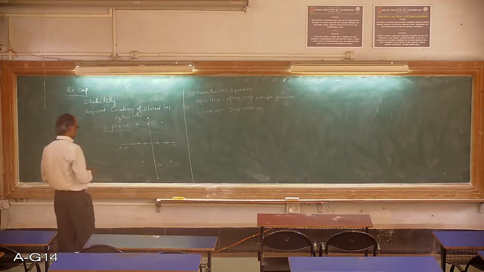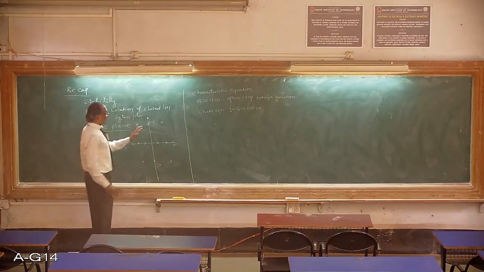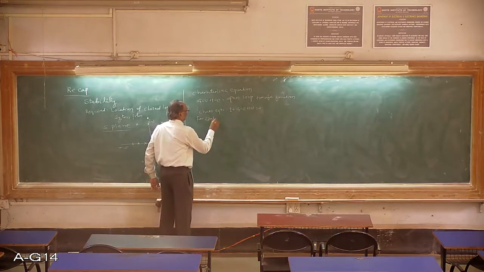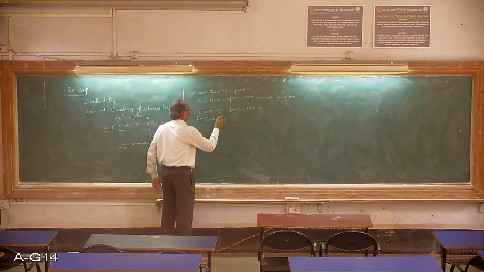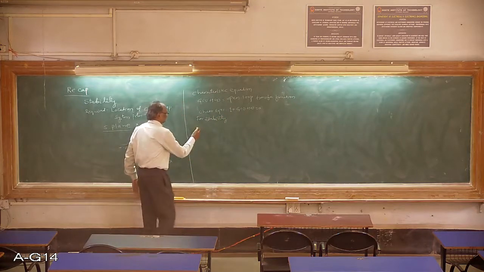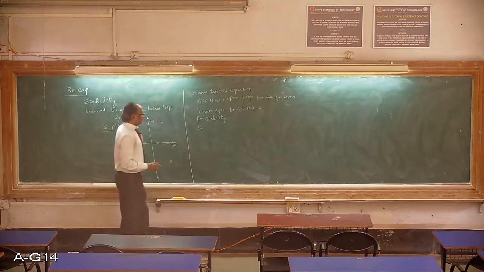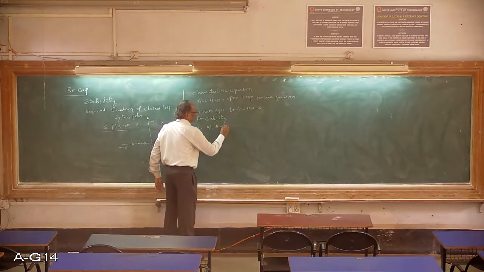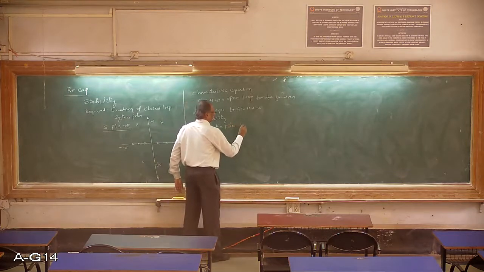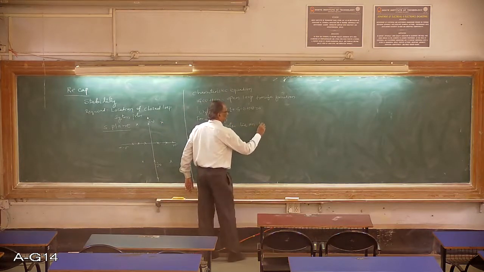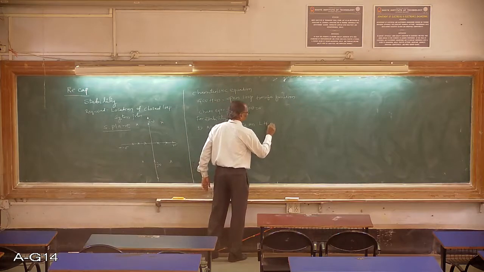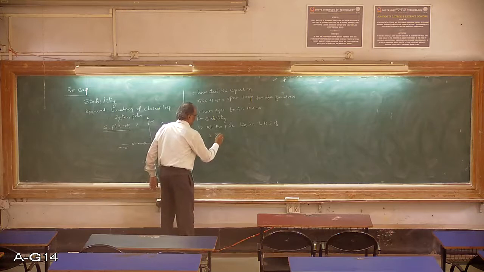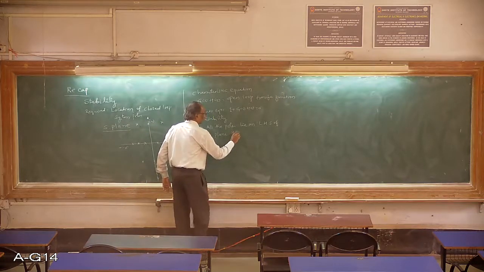Now, as I told, for the system to be stable, the first condition is that all the poles lie on the LHS of the S plane.